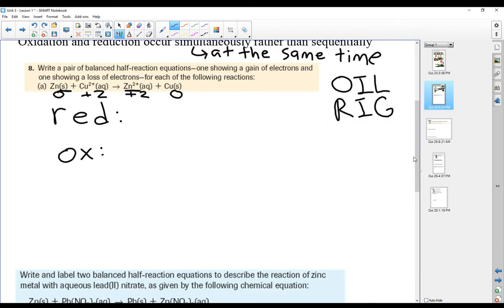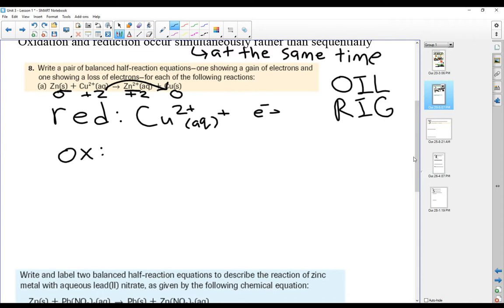So I said we were looking at zinc, but we're going to switch gears. Let's look at copper, because it's going from +2 to 0. You can only lose or gain electrons, so if you go from +2 to 0, you have to be gaining. So we have Cu2+, which is aqueous, and I'm just going to put a blank for electrons here for now.